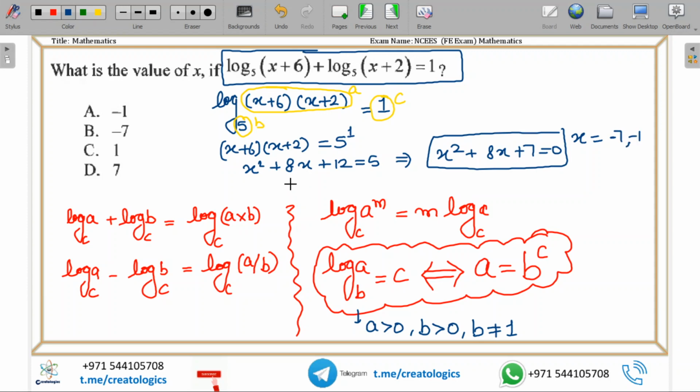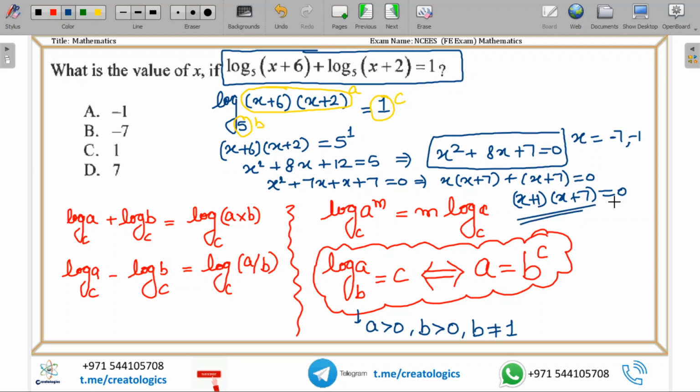Or you can factorize it by splitting the middle term: x squared plus 7x plus x plus 7 is equal to 0, which gives x times (x plus 7) plus 1 times (x plus 7) is equal to 0, so (x plus 1) times (x plus 7) is equal to 0. From here also you are getting the same thing. But in order to save time, we should use the calculator.